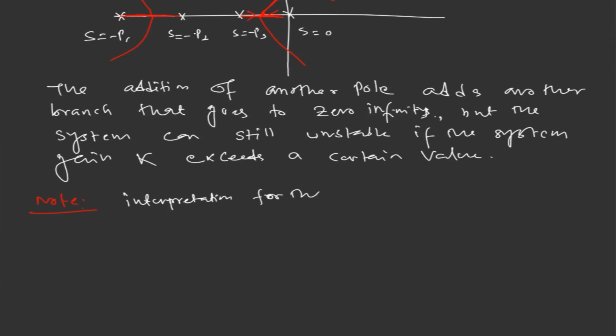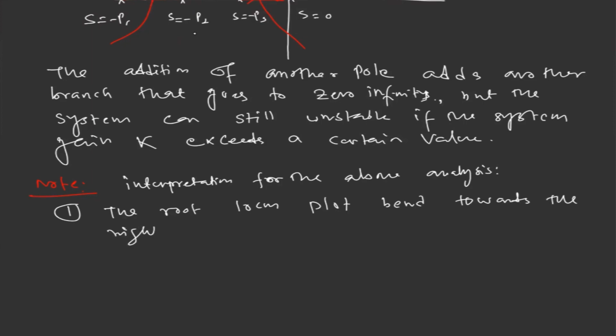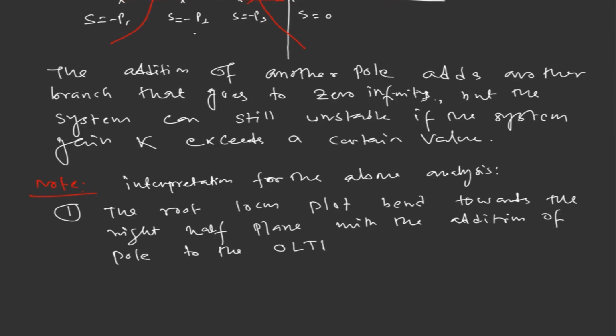For the above analysis, the root locus plot bends towards the right half plane with the addition of a pole to the OLTF, open loop transfer function.